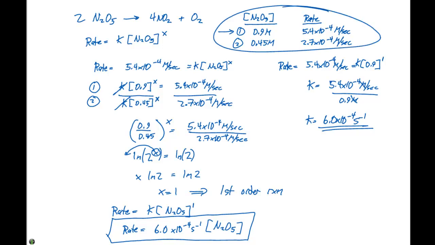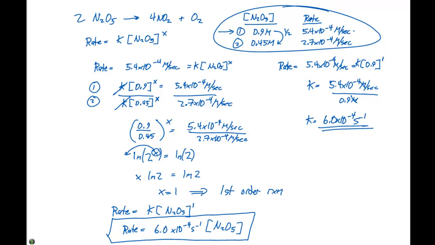One thing I want you to note here is that when we go from data point 1 to data point 2, we're cutting the concentration in half. So the question we need to ask ourselves is, what happens to the rate when we cut the concentration in half?